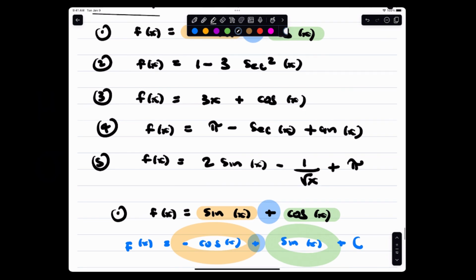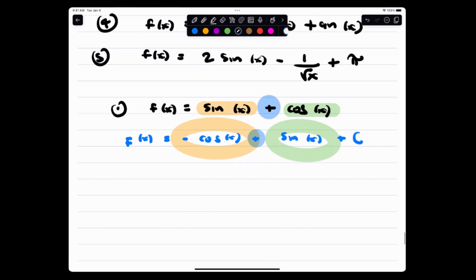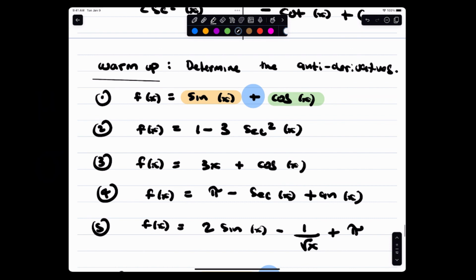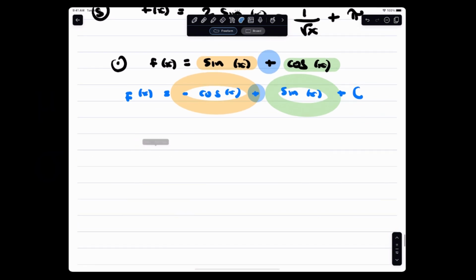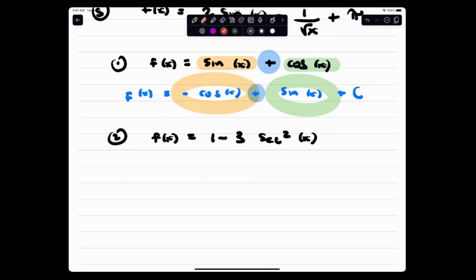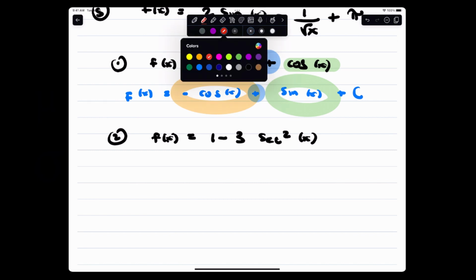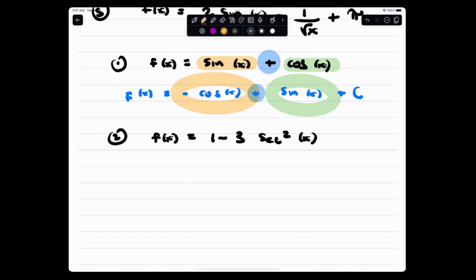Good. Now the next one. I need the antiderivative of the number 1, is that right?